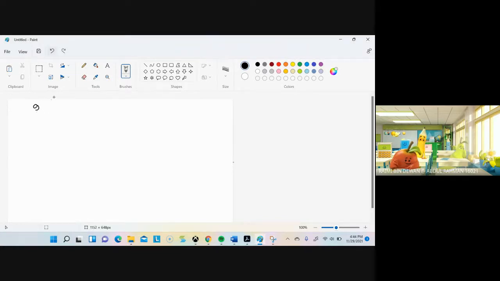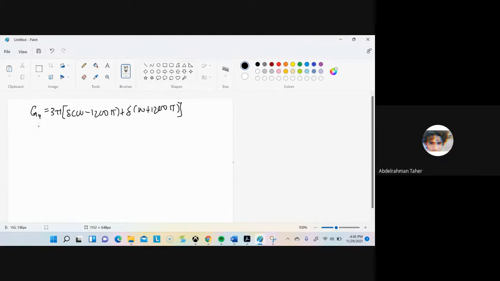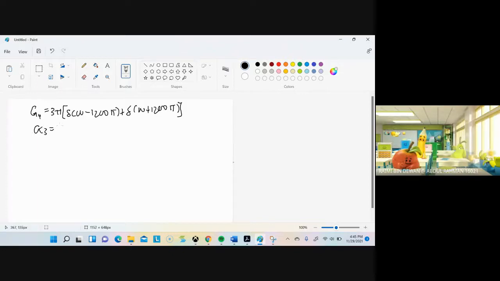I will write it like this to save space. G4 is actually 3 pi, impulse of omega minus 1200 pi, plus impulse of omega plus 1200 pi. And then you have your G3.